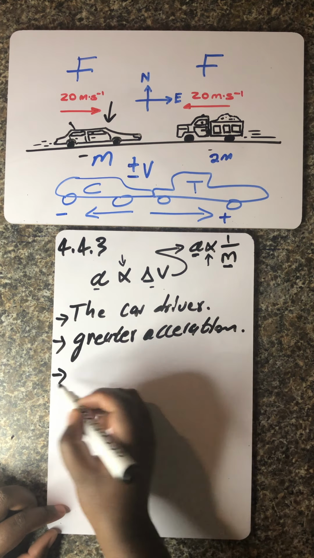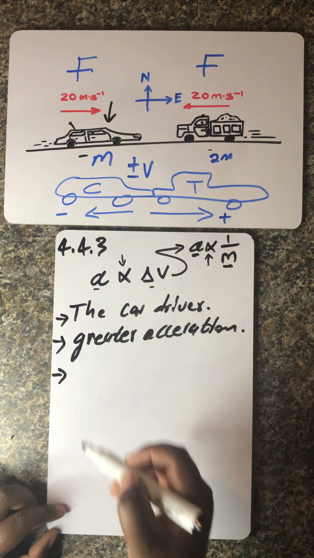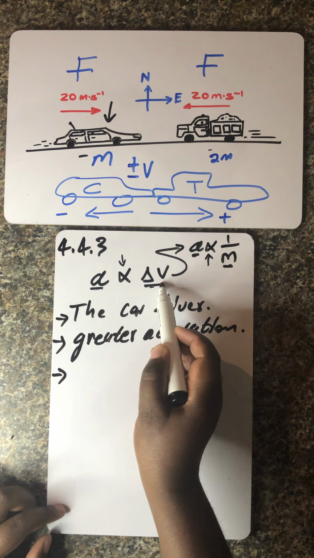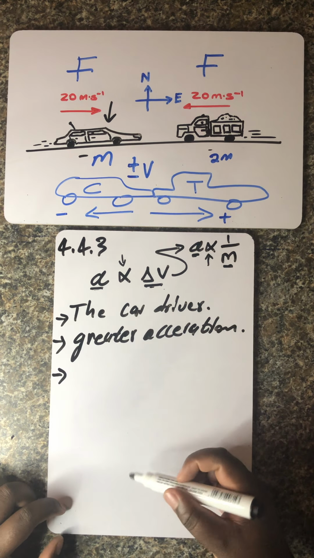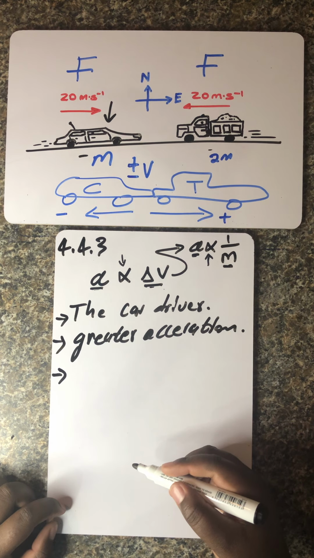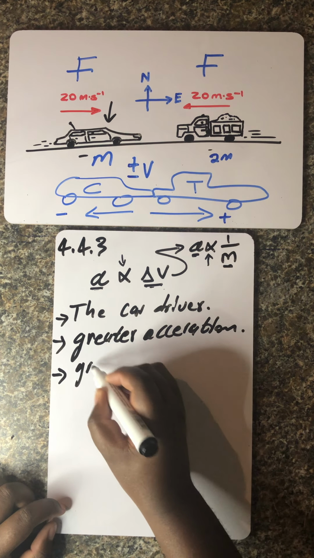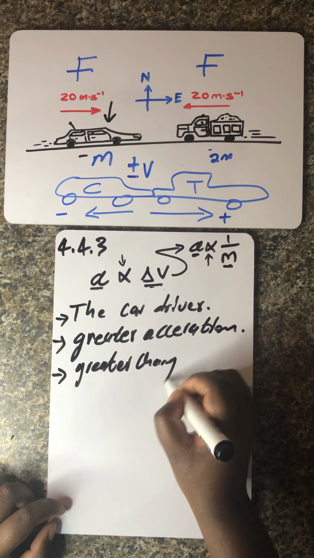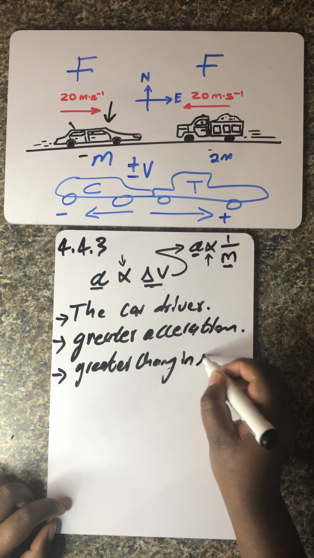What does it mean when we've got a greater acceleration, ladies and gentlemen? Because acceleration is directly proportional to the velocity, then it means you have a greater change in velocity.